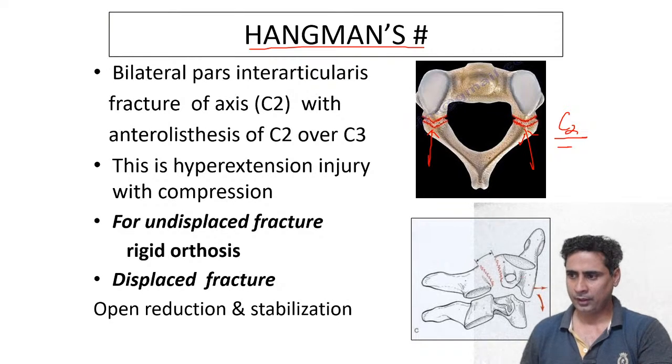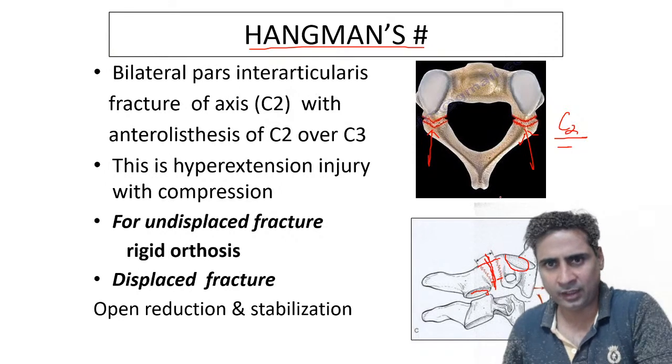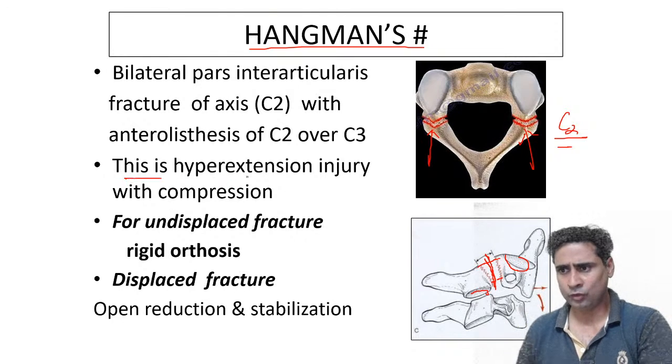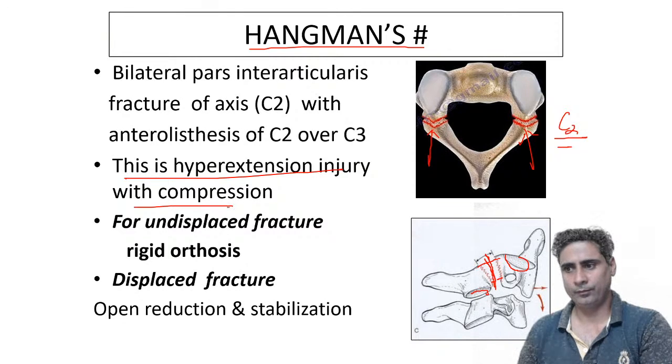Here you can see this is the superior articular facet of this vertebra, this is the inferior, and this area is the isthmus. And in hangman's fracture there is a break in this isthmus part or pars interarticularis of the vertebra. This is caused by a hyperextension injury with compression.